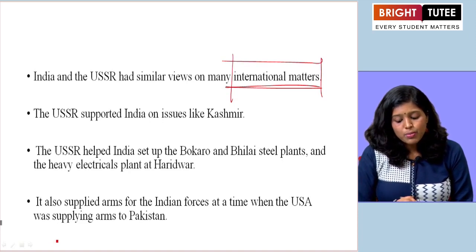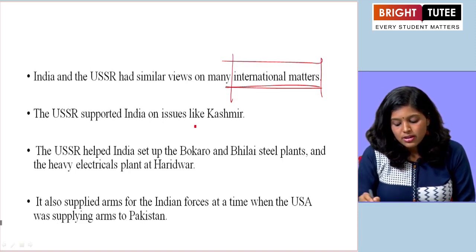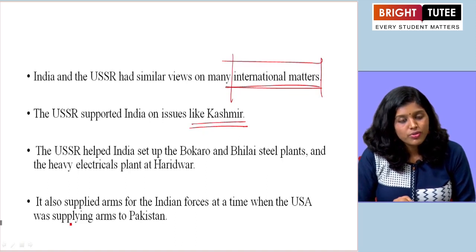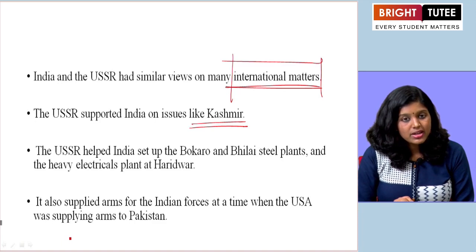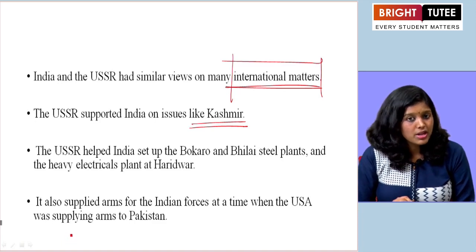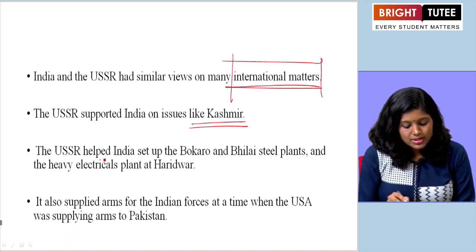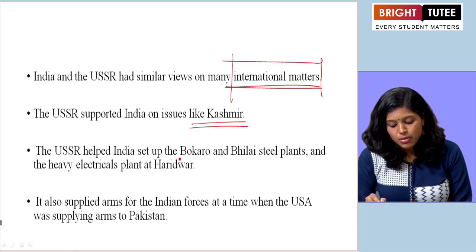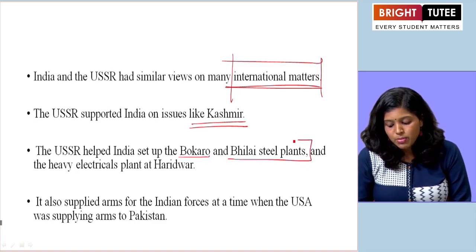The USSR supported India on issues like Kashmir. On the question of Kashmir and the problems posed by it, the USSR had given support to India. The USSR helped India set up the Bokaro and Bhilai steel plants.